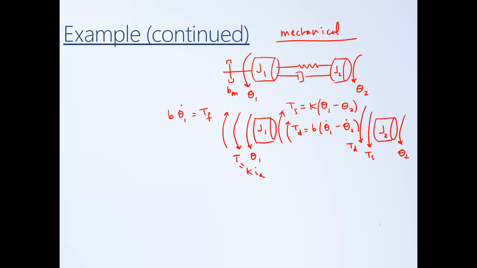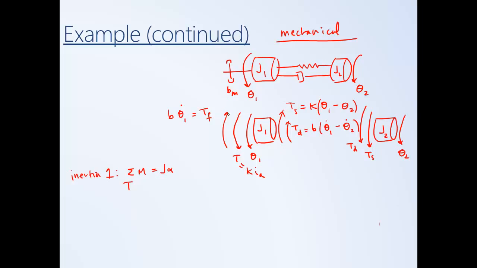Once we've drawn the free body diagrams, we can then go ahead and generate the equations of motion. So we'll do it first for inertia 1, and we will apply Newton's laws or Euler's laws, where we have that the sum of the moments is equal to J alpha. So in this case, we have torque T in the direction of positive theta 1, so it is also positive.